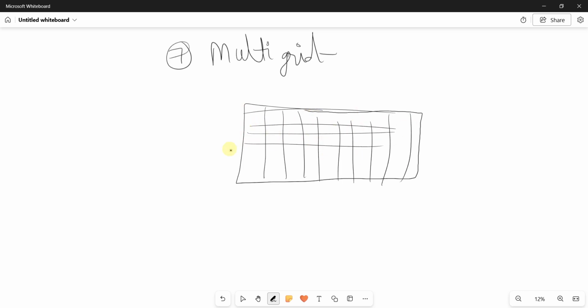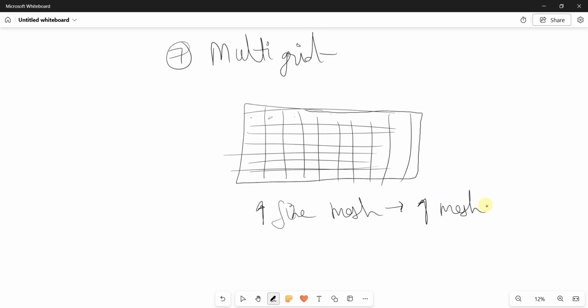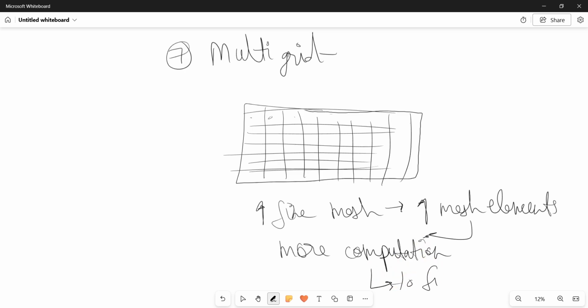Now you have to find error across each mesh, right? So the finer the meshes are, the more mesh elements you have, and therefore that means more computational time to find errors.